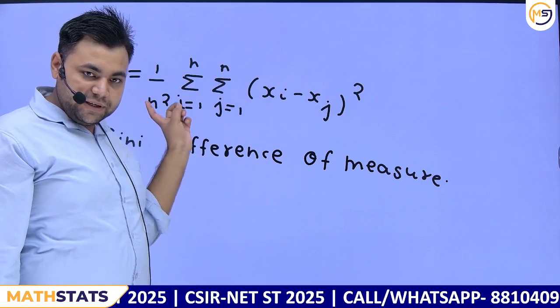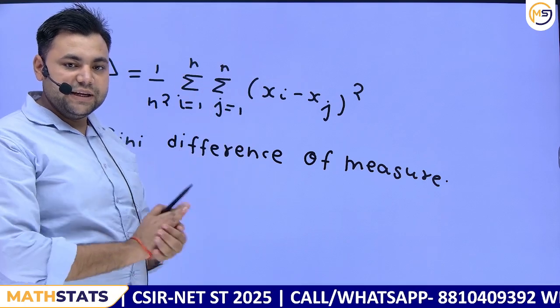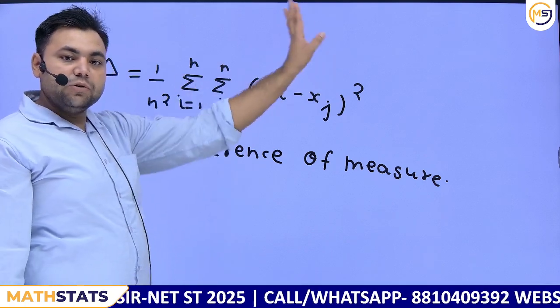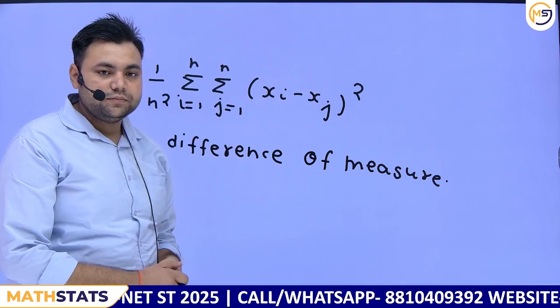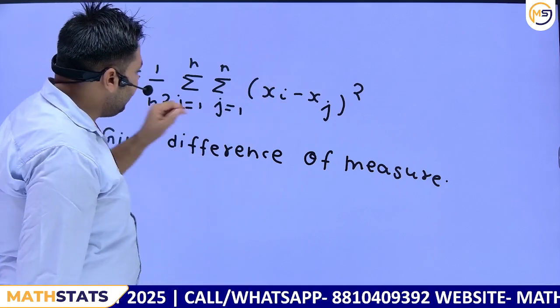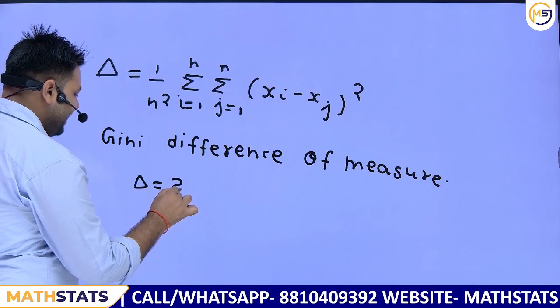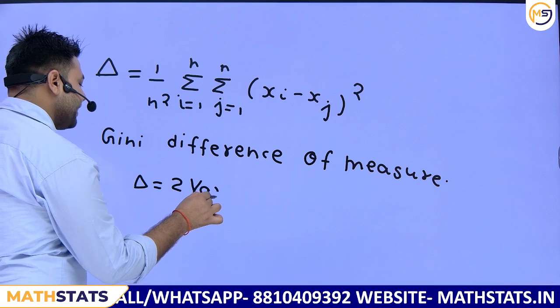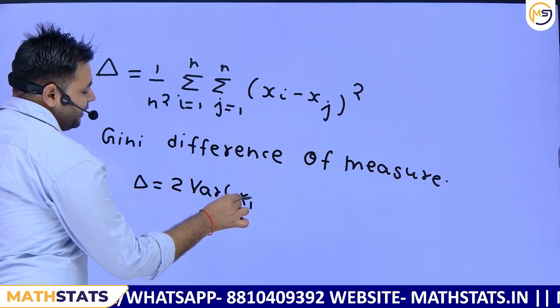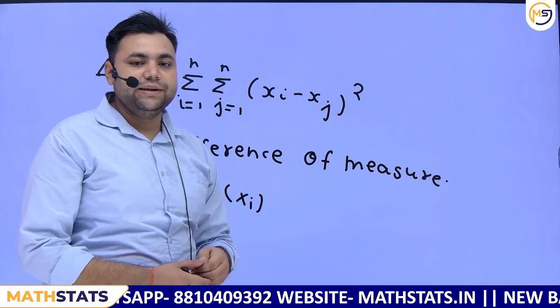It only depends on the data. Other measures of dispersion depend on a central value, some on median, some on mean, mostly on mean. But this measure does not depend on mean. You can easily prove delta equal to 2 times variance of xi.